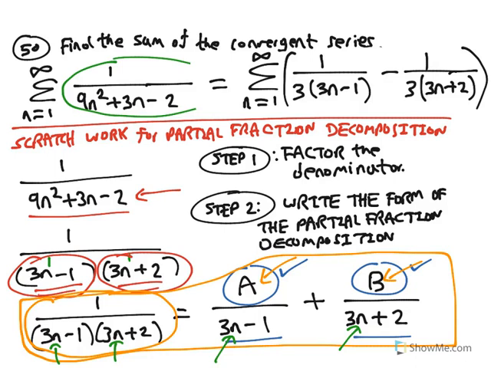Having done that, you're going to see that the nth term is a difference of two fractions, and in fact, this turns out to be a telescoping series. So now you're going to find a formula for the nth partial sum for our telescoping series, and then you will take the limit of the nth partial sum as n approaches infinity, and if that limit exists, then the telescoping series converges by the definition of a convergent series.